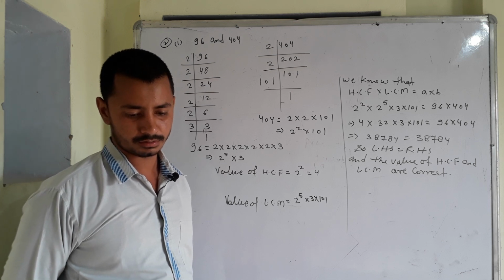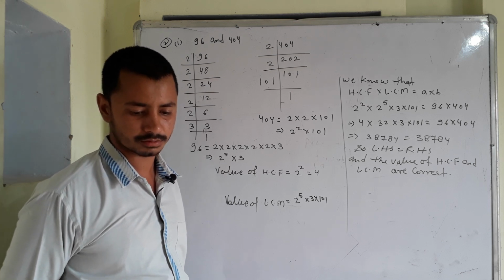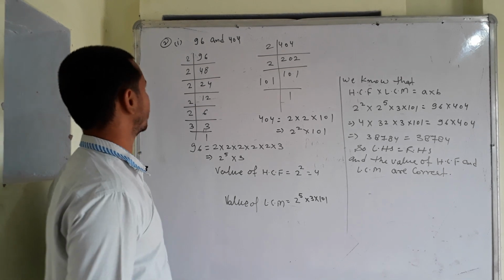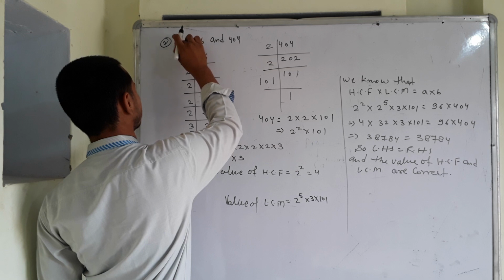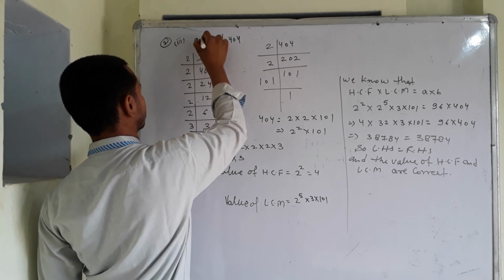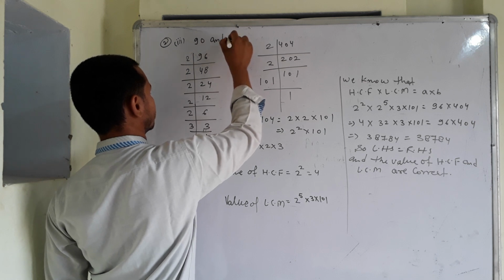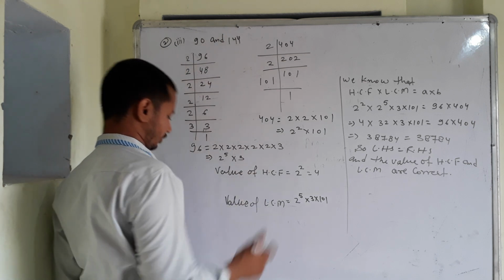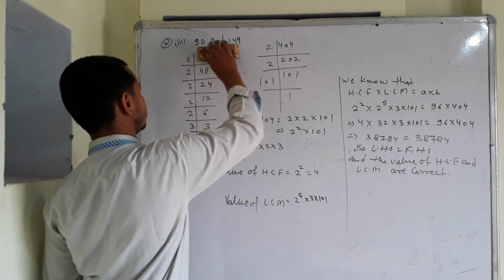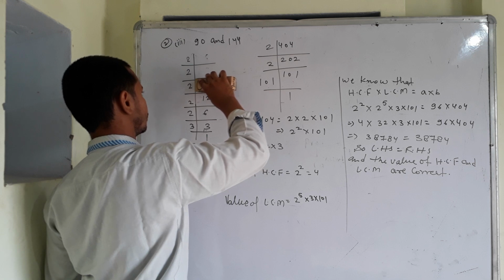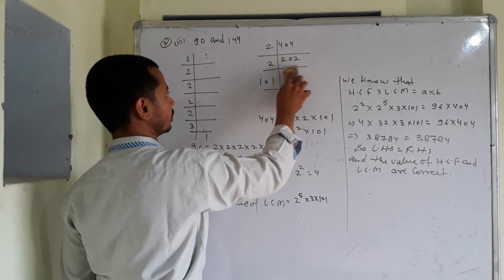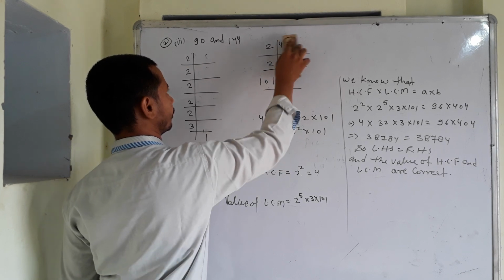Next part is, we take third part, 90 and 144. Okay, so factorize 90 and 144.